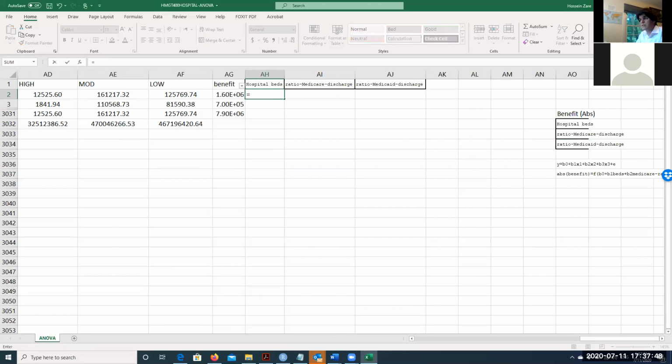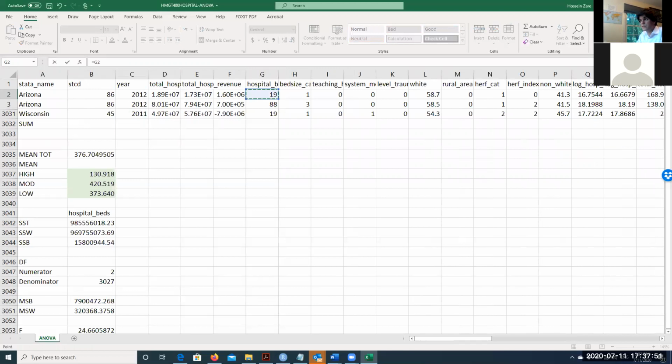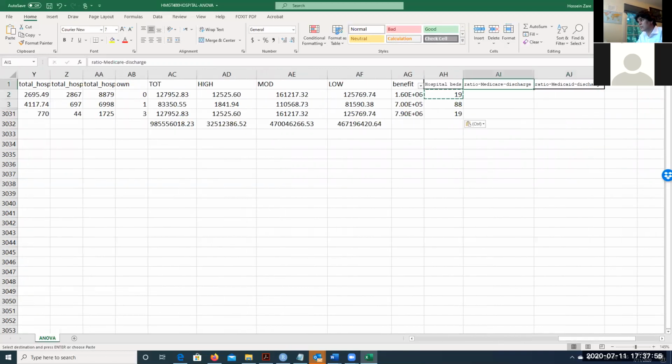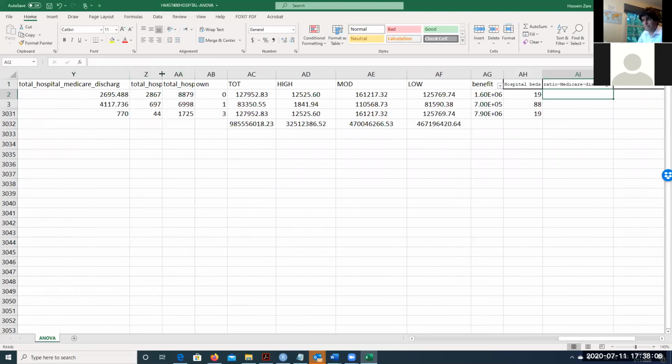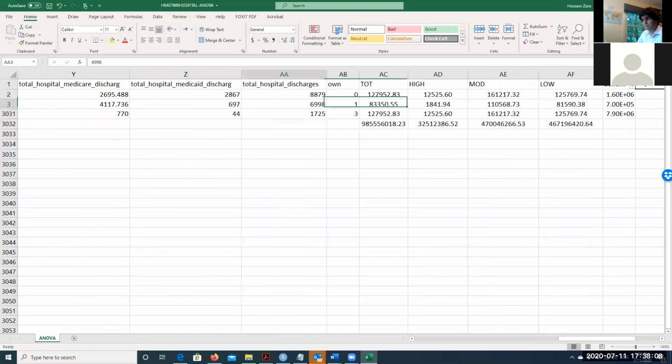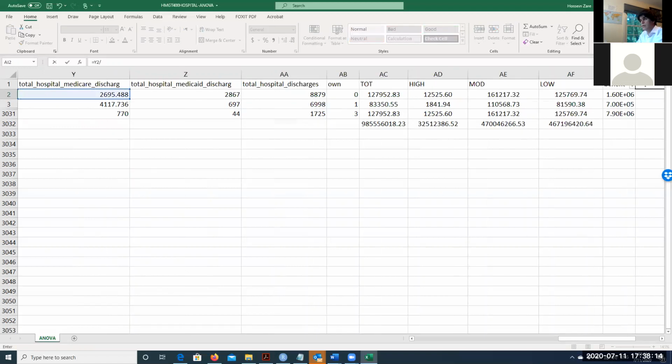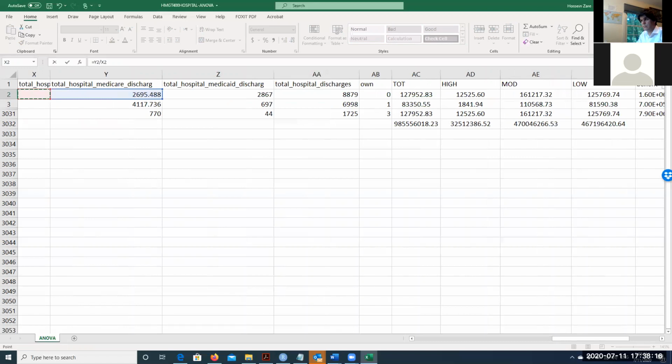If you go with this, the hospital beds, you can copy the hospital beds from here and then paste everything. For the Medicare discharge, you can get this. It was total hospital, which of them was the first one? Okay. The Medicare discharge is this one, divided by total.